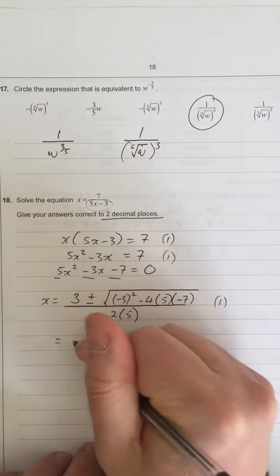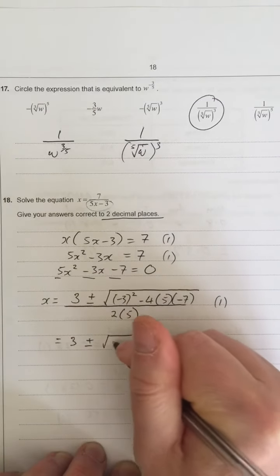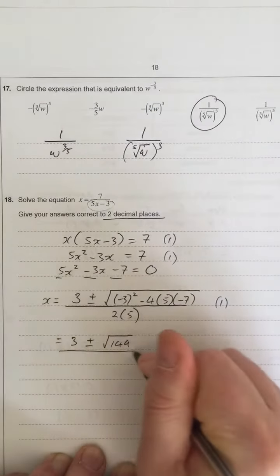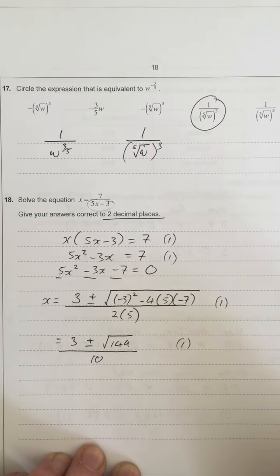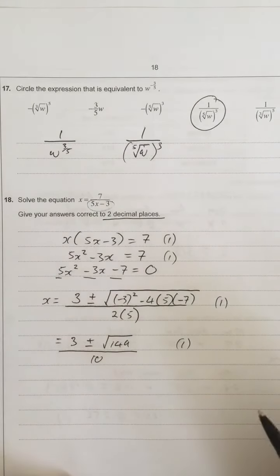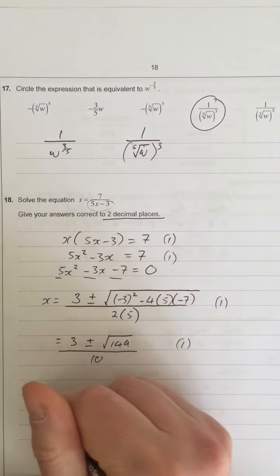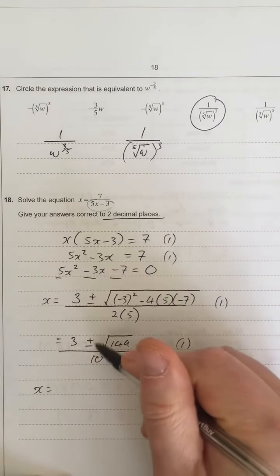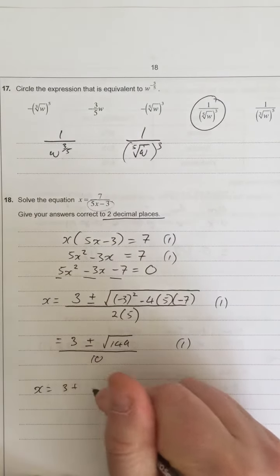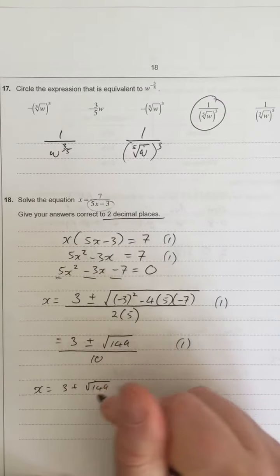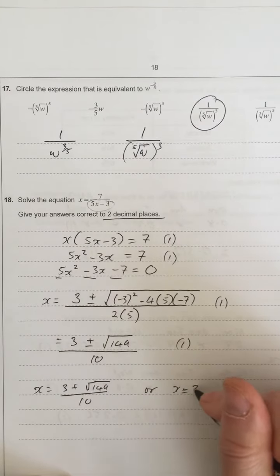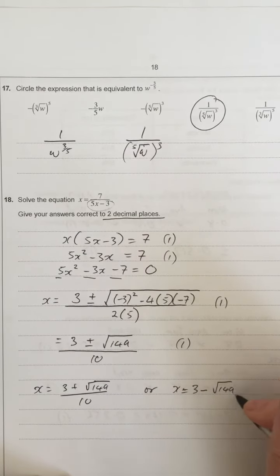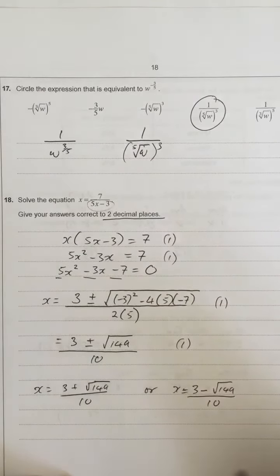So 3 plus or minus the square root of 149, 2 times 5 is 10, and that's your second mark. Now the final mark is for the answers, and you have to get both answers correct to get the final mark. So we're just separating this out into the plus and the minus. So x is either 3 plus the square root of 149 over 10, or x is 3 take away the square root of 149 over 10.